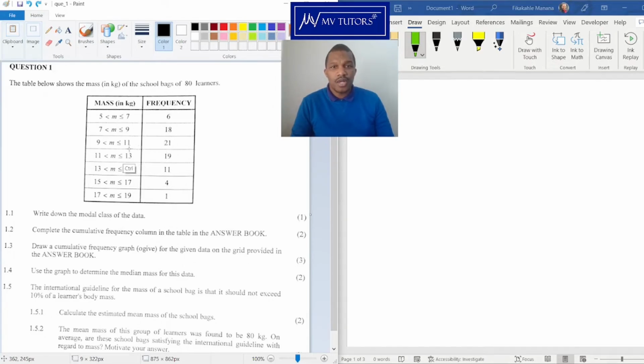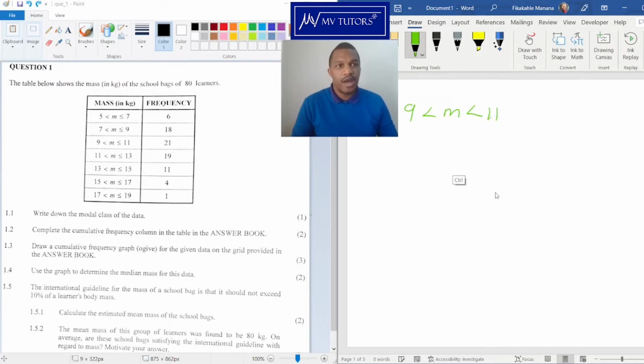So the modal class of mass is 9 to 11. That's how we're going to answer this question. This is 1.1, and we're just going to say 9 to 11.